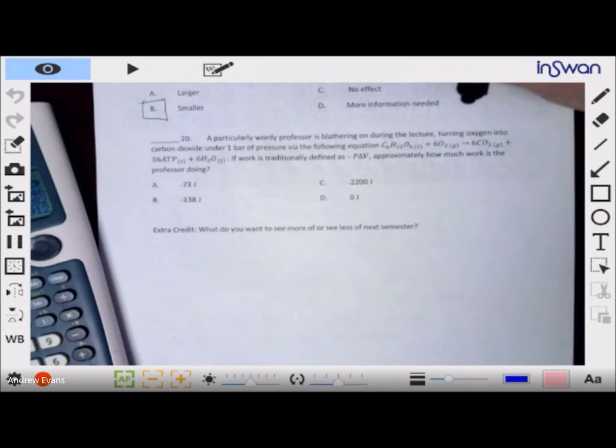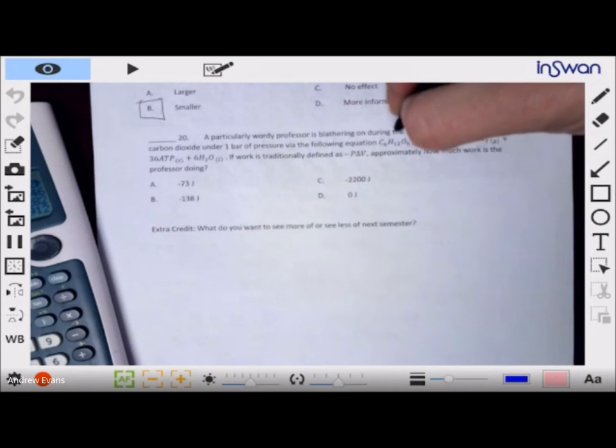Glucose plus 6 oxygen goes to 6 CO2 and 36 ATP and 6 water. Work is traditionally defined as negative pressure times the change in volume. Approximately how much work is the professor doing? It's supposed to be a joke, people. You don't have enough information to solve this in any other way.